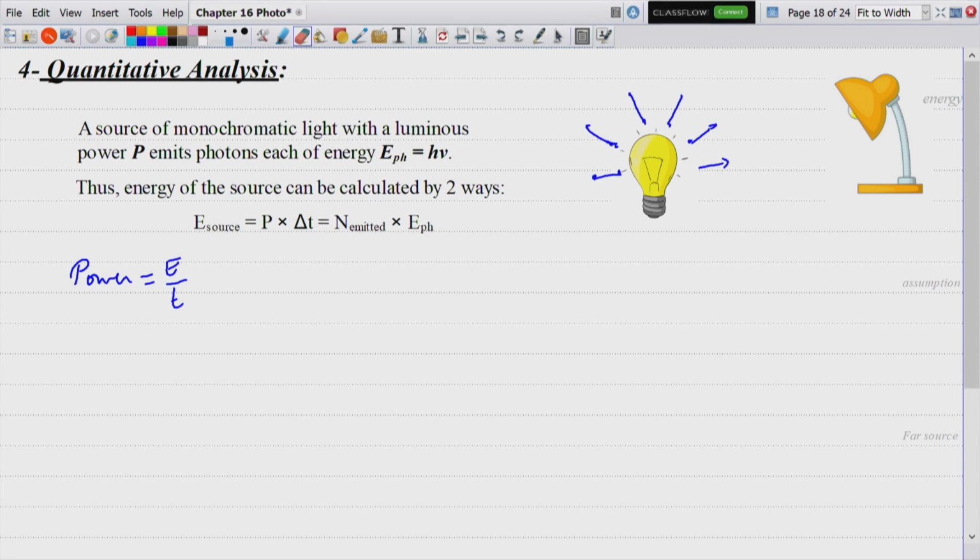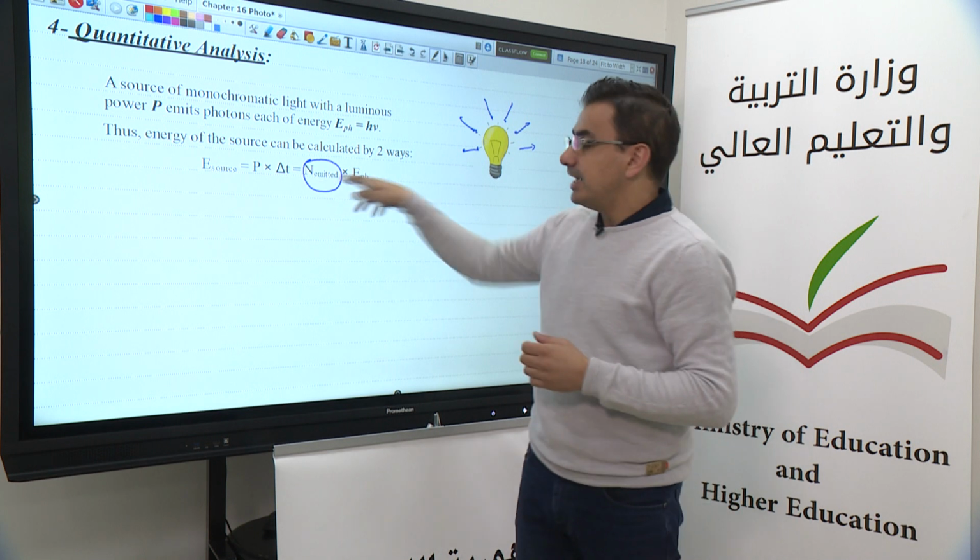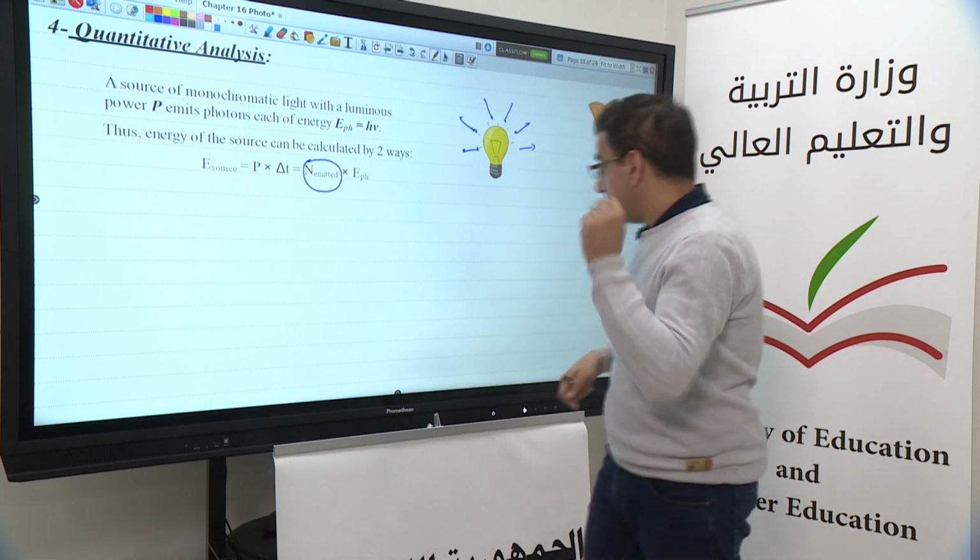Simple. On the other hand, and this is new, it is N emitted multiplied by the energy of one photon. I have N photons emitted from this light, and each has energy E photon, the same for all because it is monochromatic. So the whole energy of the source is N times E. That's one, and two.